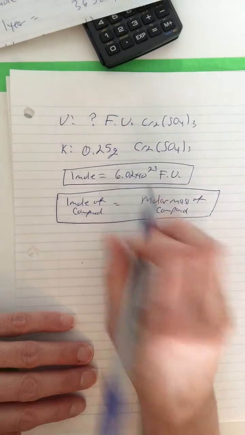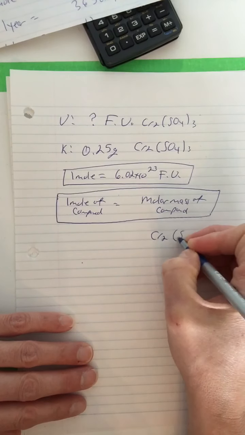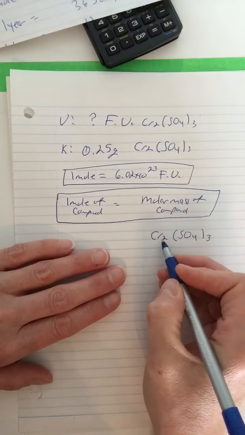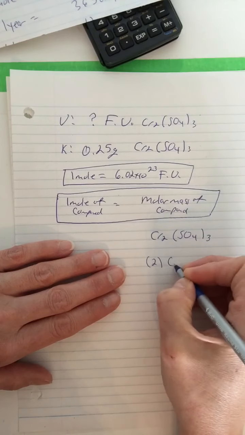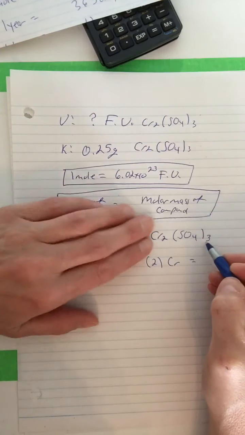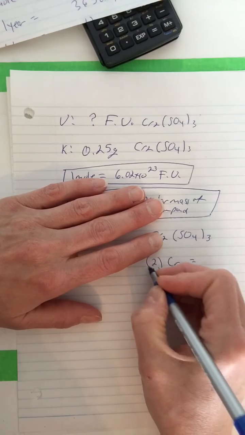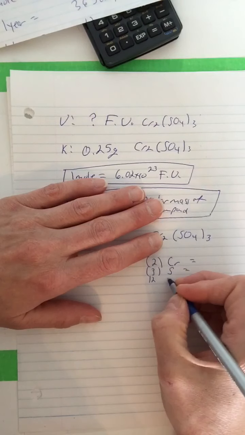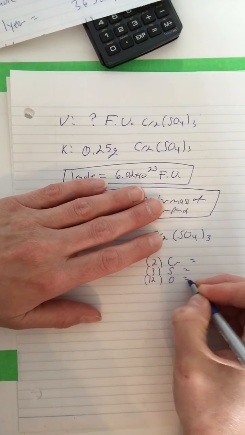So let's do this. This is a hard one. Cr2, open the bracket, SO4, close the bracket, 3. So this is 2 Crs. And then this is like multiplying inside the bracket. So I've got 3 S's. 3 times 4 is 12, and I've got 12 O's.